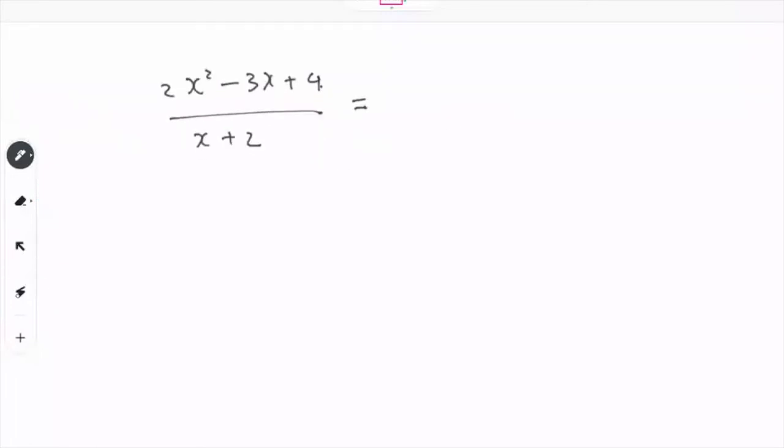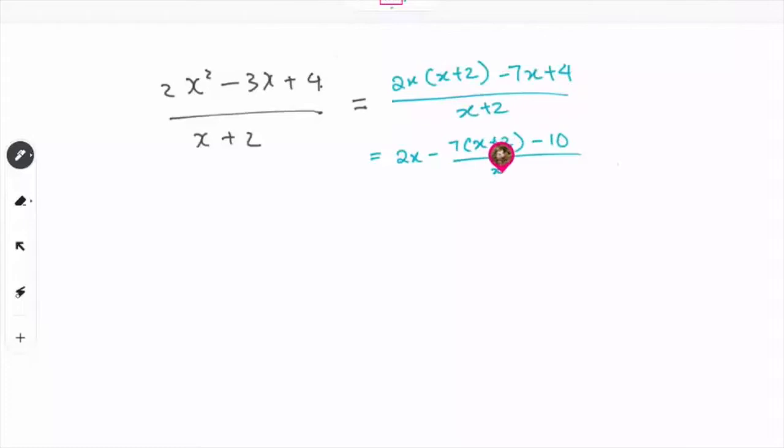Oh, I learned this last year. 2x plus 2, 2x squared, 4x. x plus 2.